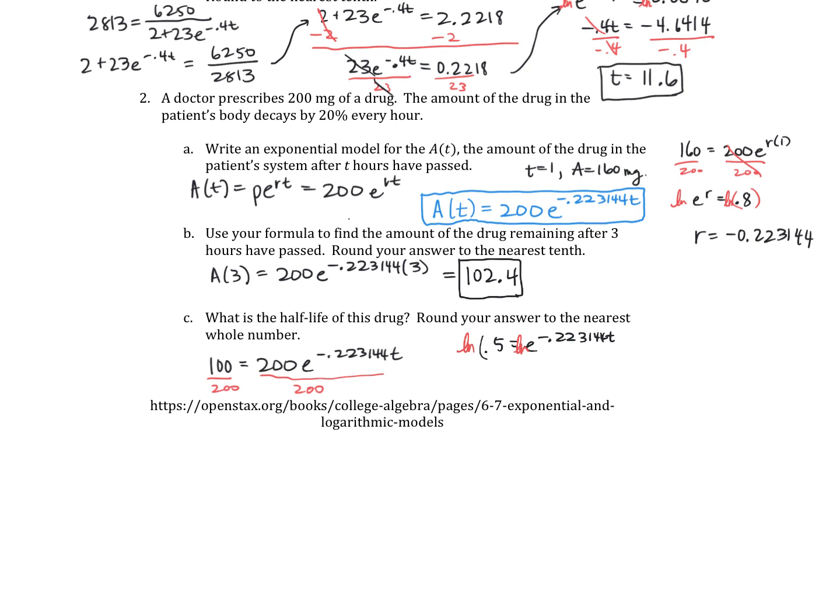So that would leave us with negative 0.223144t is equal to the natural log of 0.5. And then divide by negative 0.223144. And when we put that in our calculator and round to the nearest whole number, we will get 3.